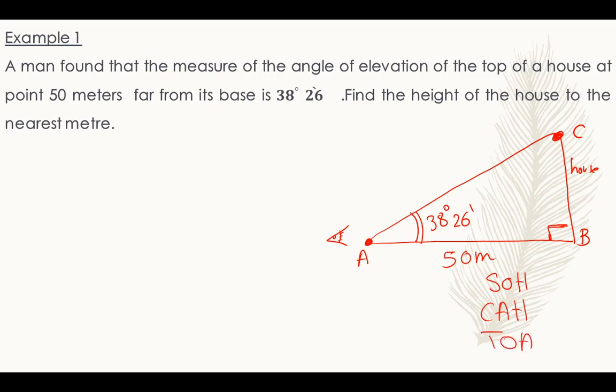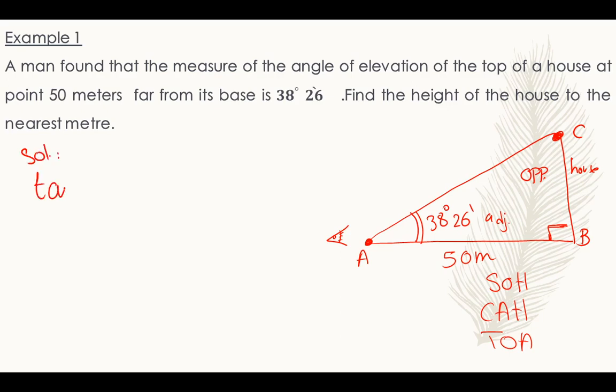In this example, we have the measure of angle A equals 38 degrees and 26 minutes, and we want to find the height of the house, which is BC, and we have the length of AB. According to angle A, we want to find the opposite side and we have the adjacent side, so we can use tan.